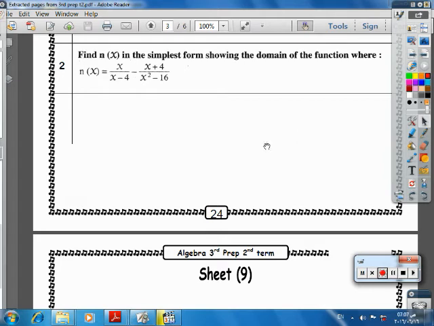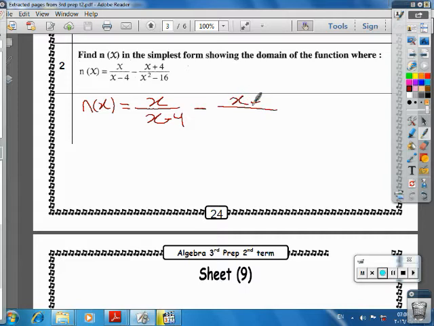First step, the first fraction as x over (x minus 4), minus also the numerator in the second fraction, x plus 4 over. Now we can factorize the difference between two squares: x power 2 minus 16 equals (x minus 4)(x plus 4).